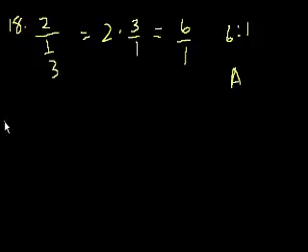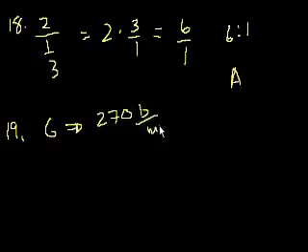Next question, 19. Running at the same constant rate, 6 identical machines can produce a total of 270 bottles per minute. At this rate, how many bottles could 10 such machines produce in 4 minutes?